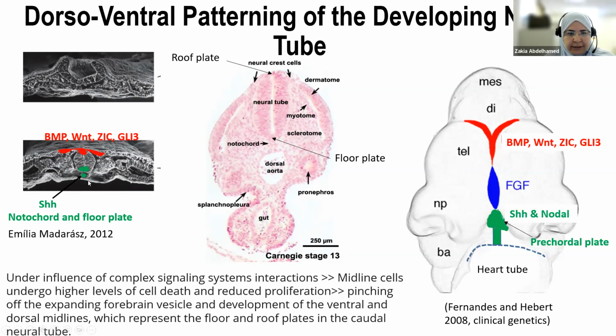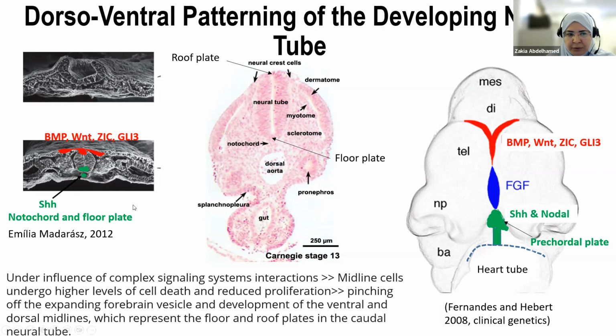This system continues to the forebrain. This is the caudal neural tube, and this is the most cranial neural tube. The same paradigm continues. We have sonic hedgehog in the prechordal plate here, and this is the most cranial end of the notochord, and we have fibroblast growth factor at the rostral end of the developing forebrain.